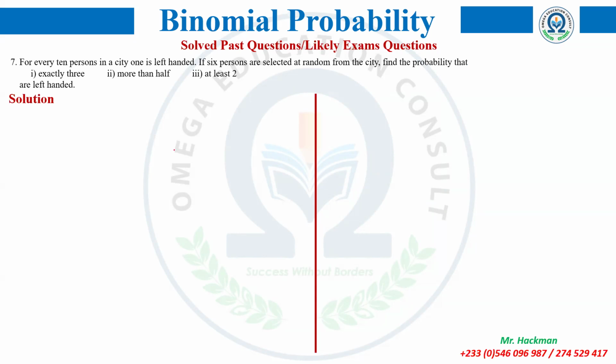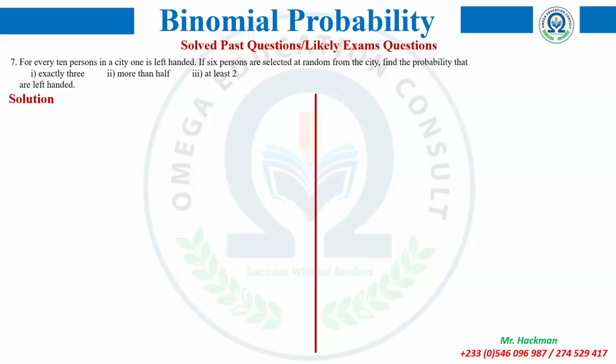If you read the question, for every 10 persons in a city, one is left-handed. So I'm dealing with an outcome being left-handed, and the other outcome automatically will be not left-handed. Is that clear? It's a binomial probability. 6 persons are selected, so we know our sample size, which is our n.